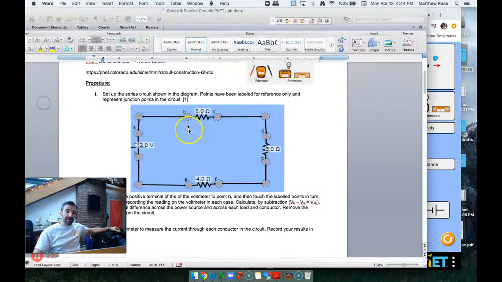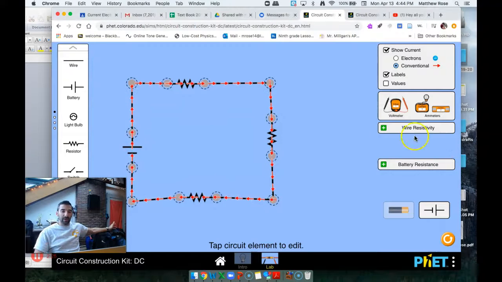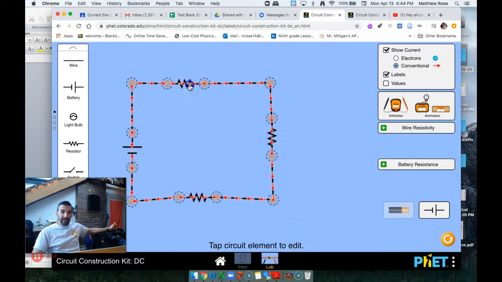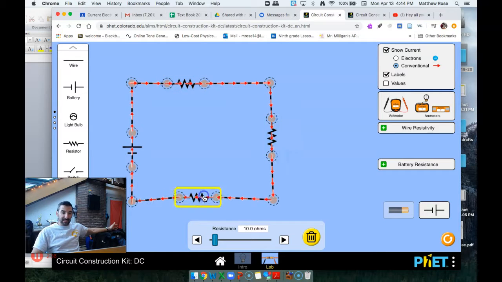Now let me look at our activity. Notice I have 12 volts, and 5, 3, and 4 ohms. So we want to make sure that we do that correctly. I click on my battery, and I want to make my battery 12 volts. I click on each one of the resistors, and I need to change the resistance so it matches.